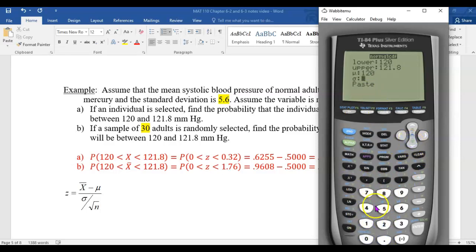And for the standard deviation, we're going to put in 5.6 divided by the square root of 30. That whole thing goes in for the standard deviation. And it gave us an answer of 0.4608.